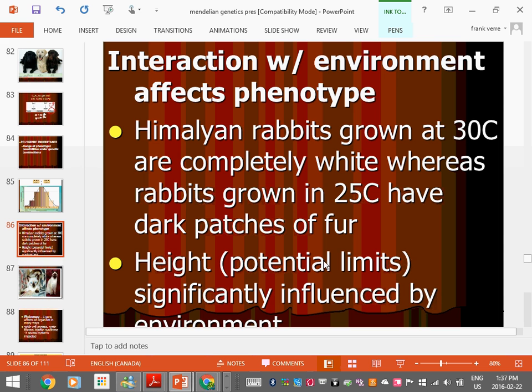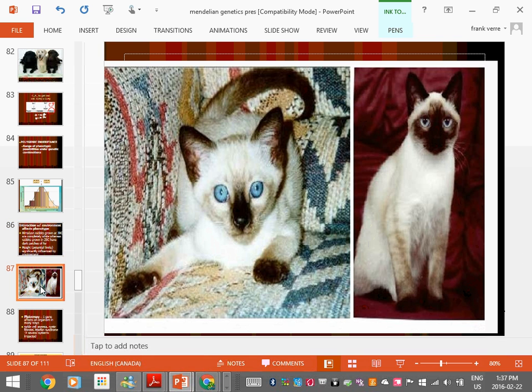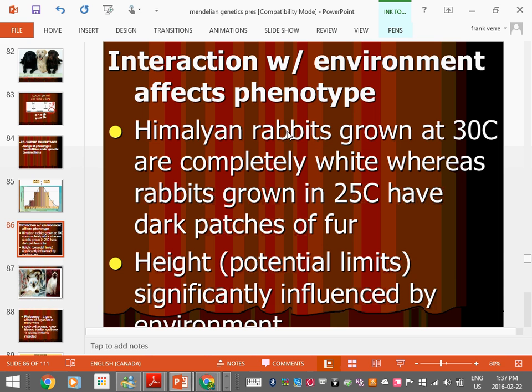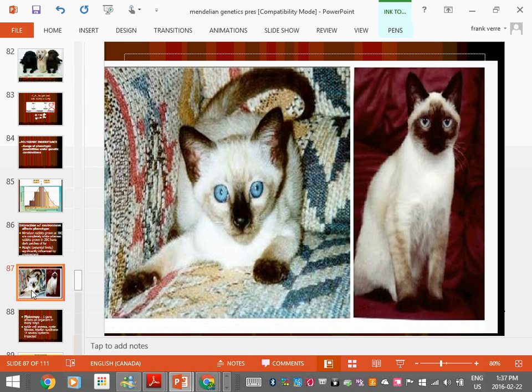The description here is actually about rabbits, but it's the same thing with this cat. The difference in temperature that these cats were raised in causes them to look different. So you might think they look different because they're genetically different. It's not. It's the environment that actually produced the difference. The environment plays a role. It has an impact on your genetics.